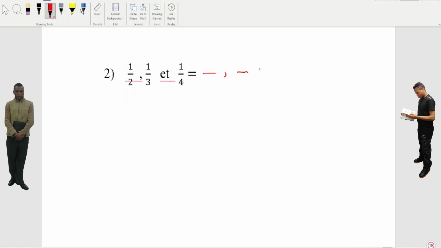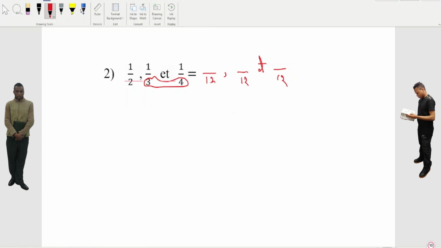Now what we're gonna do here, we're gonna multiply this, and we're gonna multiply this. 3 times 4 equals 12. We're gonna put 12 right here, right here, and right here. Okay?